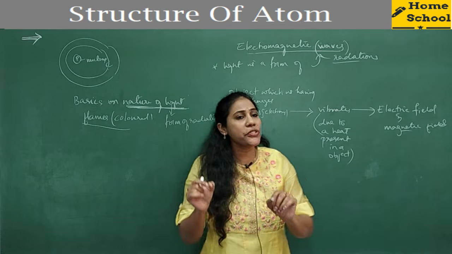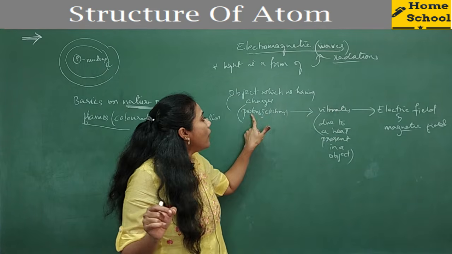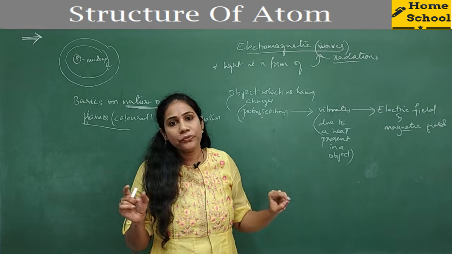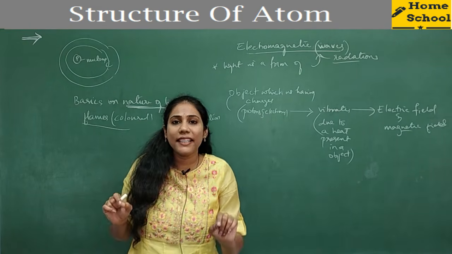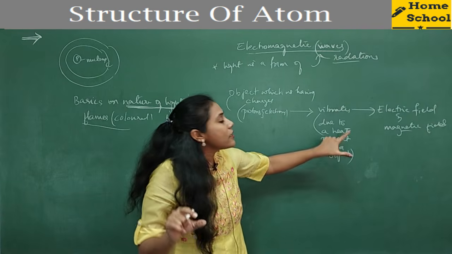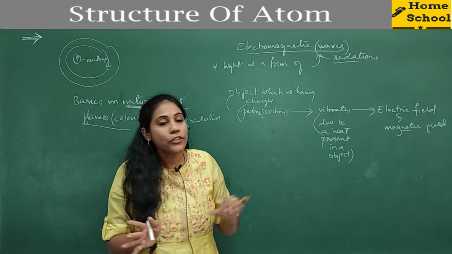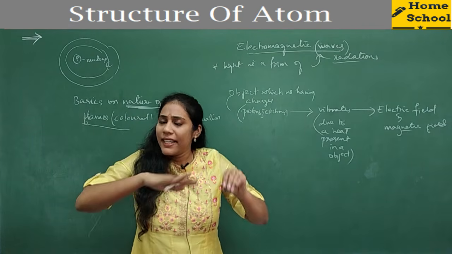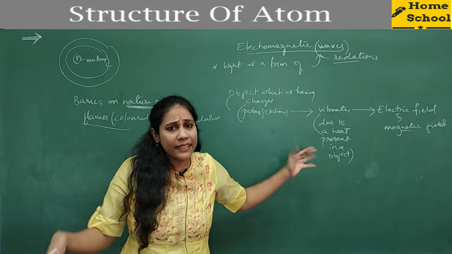How are they produced? They are produced by the vibration of charged particles. Why does the vibration of charged particles take place? It is because of a certain level of heat present inside the object. So what are these charged particles? It's nothing but our protons and electrons. Where are they present?